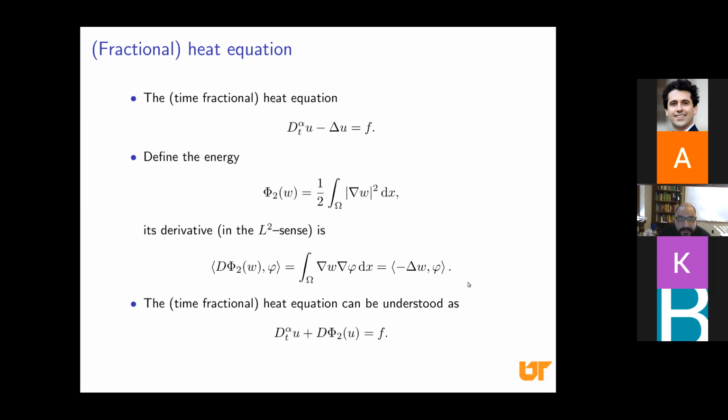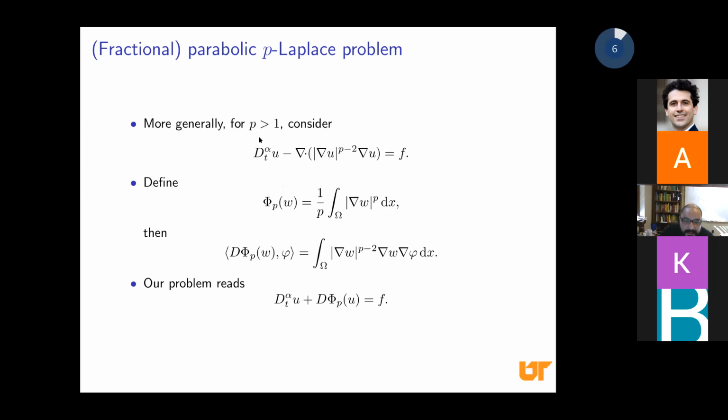This, of course, can be generalized to the case, for instance, of the parabolic p-Laplace problem, in which you consider not the Laplacian, but the p-Laplacian, which is nothing but the variational derivative of this type of energy. So that's like the W^{1,p} seminorm, right?